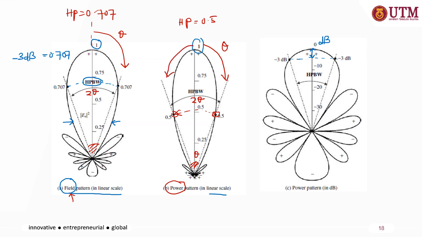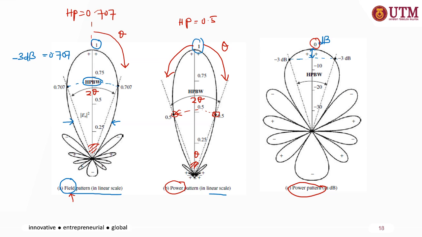Okay, for the power pattern in dB, as mentioned earlier, the half power point is 3 dB down from the maximum radiation.